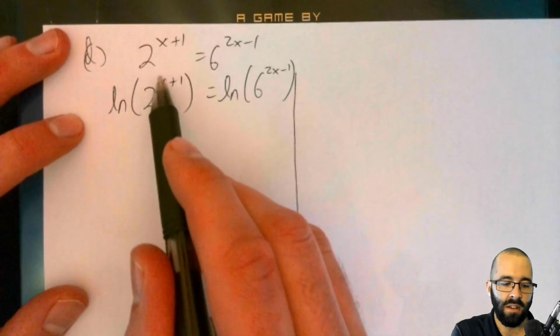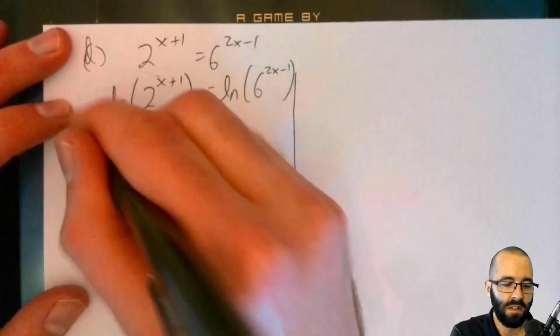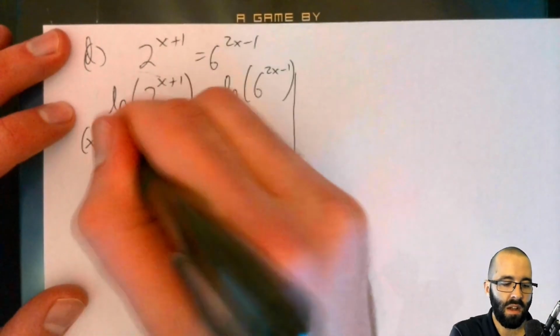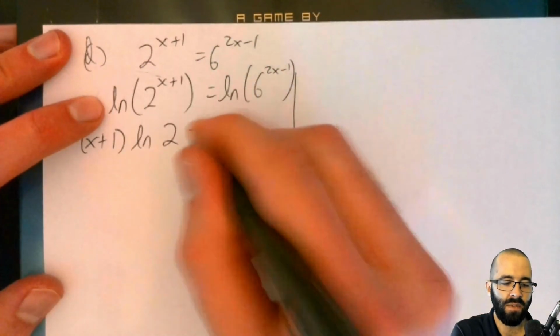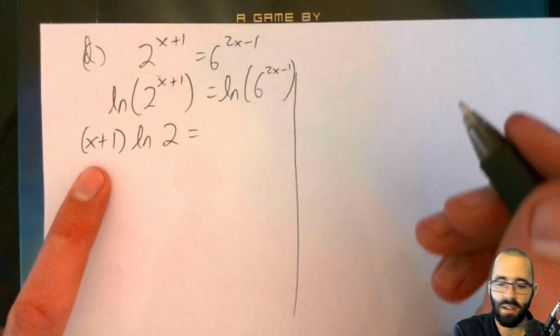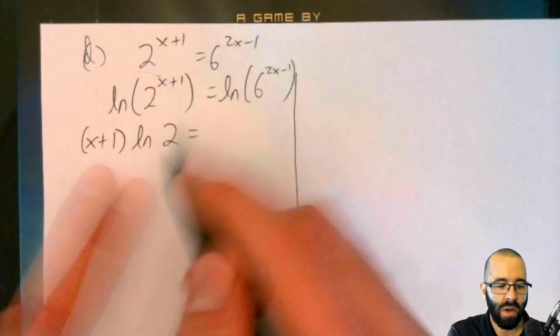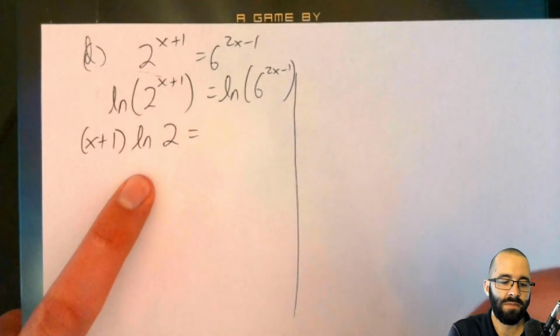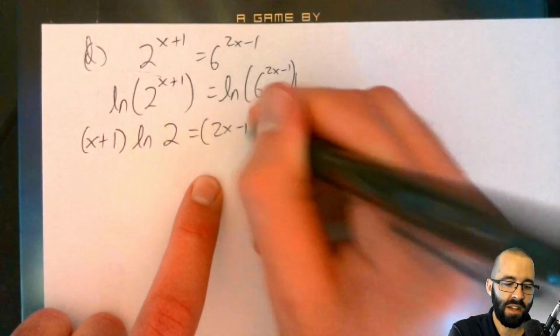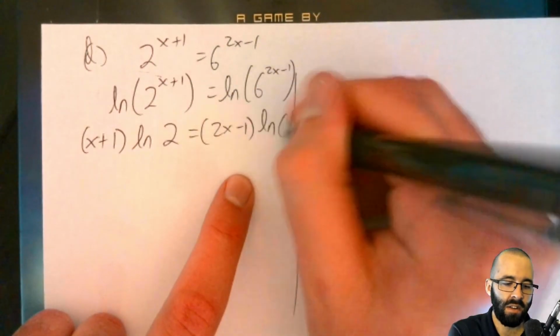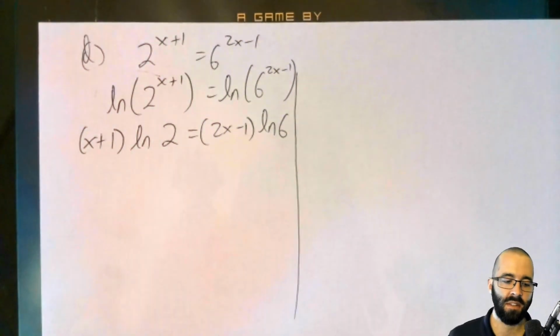The exponent comes down in front. So we're going to get x plus 1 is our exponent, and that gets multiplied by the natural log of 2. We do need parentheses here, right? The whole exponent gets multiplied by the logarithm. And the same thing happens on the right. The exponent comes down in front, and we have natural log of 6.